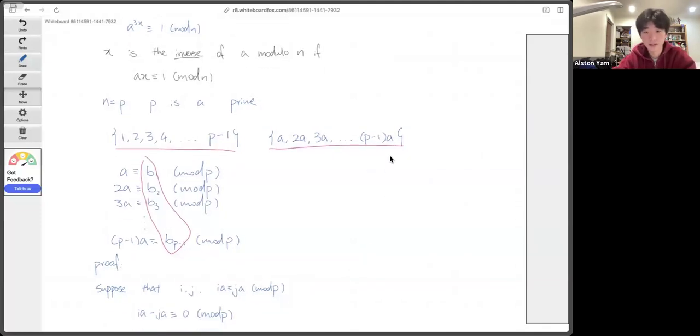Okay, so that is incorrect, right? So our assumption that there are some i and j such that ia and ja are congruent under mod p is incorrect. So actually, every number here will be different under mod p. And specifically, one of these b1, b2, b3s will be 1. Well, that's important, right?